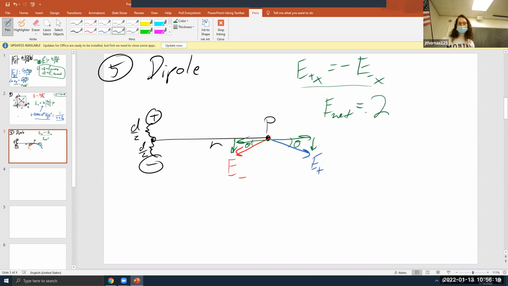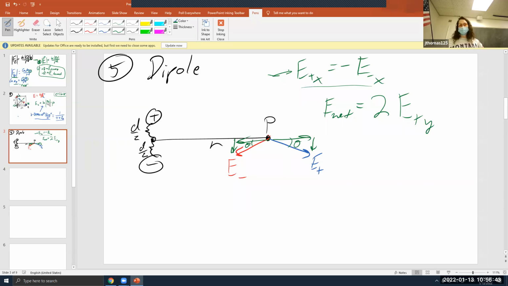So the net electric field is just 2 times either one of those y components. Without losing anything, we'll just go ahead and say it's the positive one. So we're just multiplying that by 2. If you don't see this, you can calculate the 2 different y components, add them together, and you get the same answer. This is the important part, though, for solving it quickly, especially on a quiz or exam.